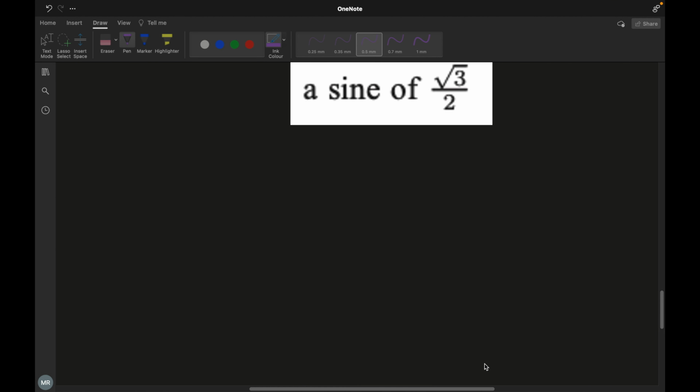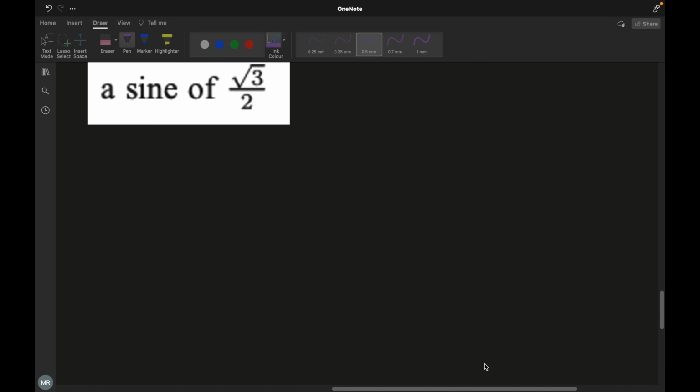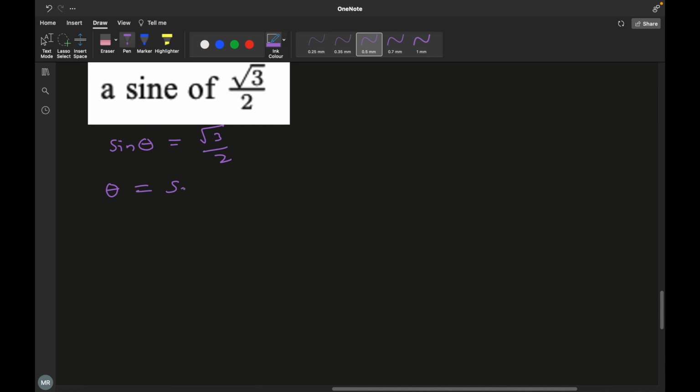Moving on. So this is the second question. It's somewhat similar. So first, let's write down the equation. So it's sine theta equal to root 3 by 2. So theta is sine inverse of root 3 by 2. When we do this, we get 60 degrees.